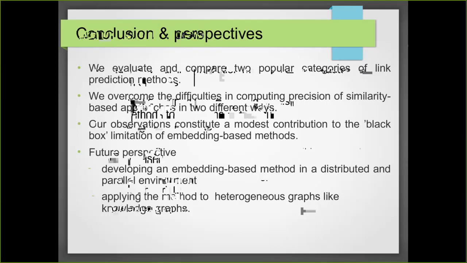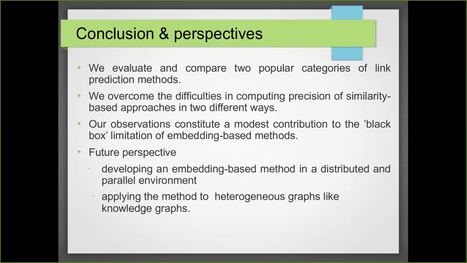And to conclude, we evaluate and compare two popular categories of link prediction methods, and we also introduce a method to overcome the difficulties in computing precision of similarity-based approaches.